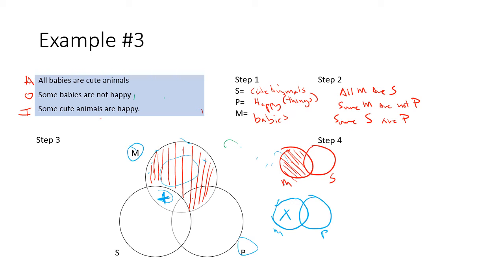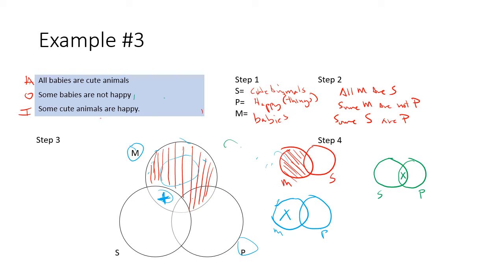And so here is a situation where we don't get the picture. The conclusion in this case is some S are P, which would look like this. It would be an X inside the overlap between S and P.